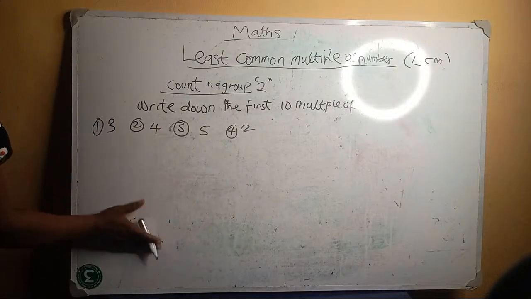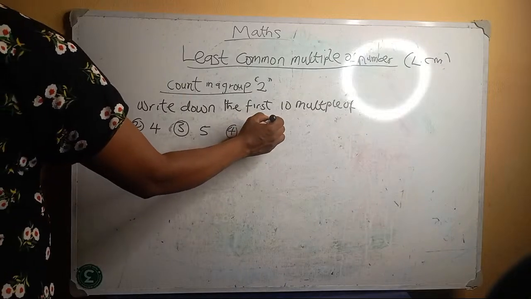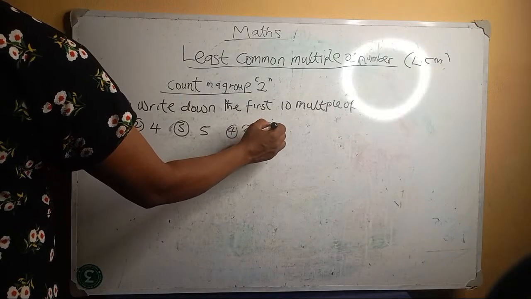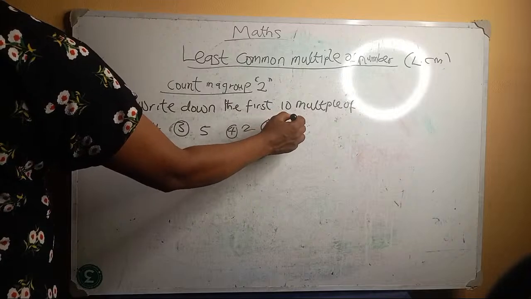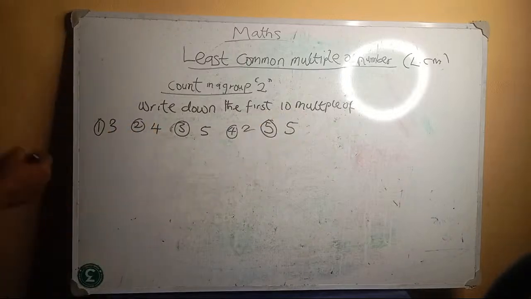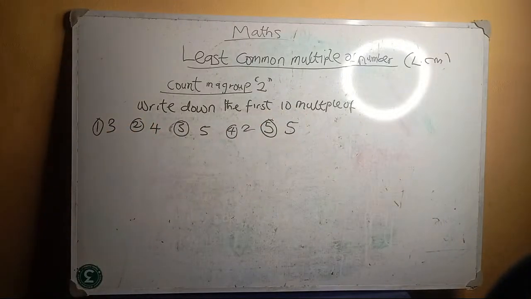Write the common multiple of all these numbers up to number 5.